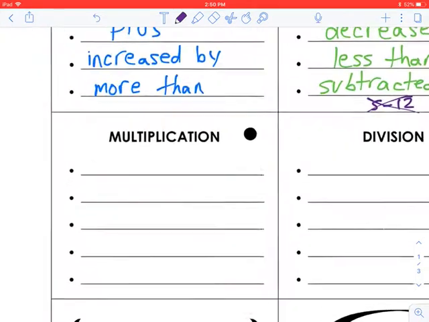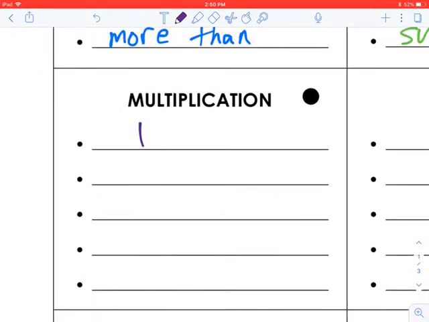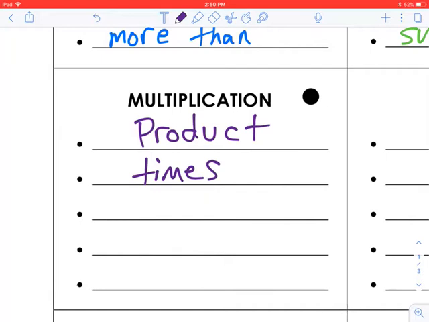So multiplication. Again, the result of a multiplication problem is called the product. So the product of something is for multiplication. Another obvious one is times. Now, this one you might have seen before: of. 10% of the money means you're going 0.10 times that money.